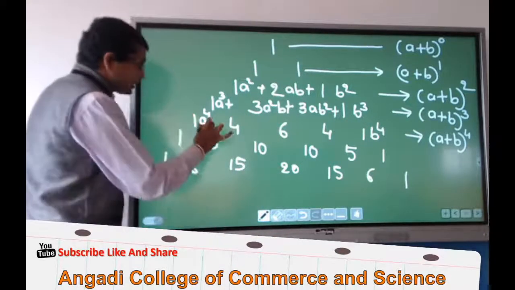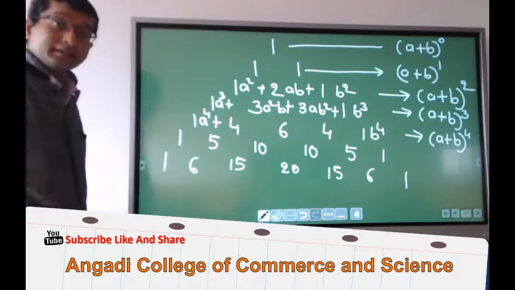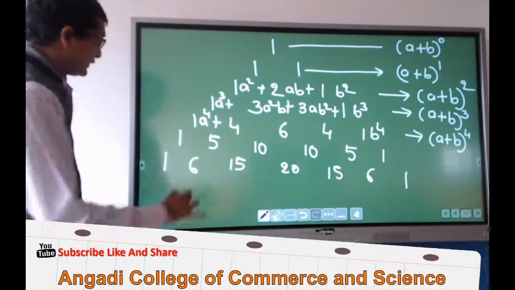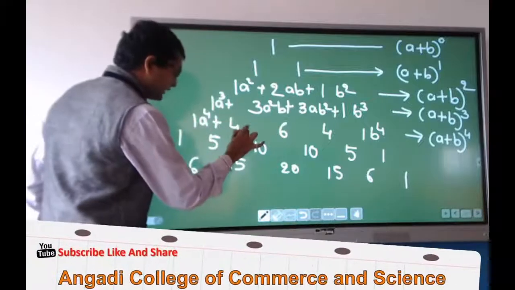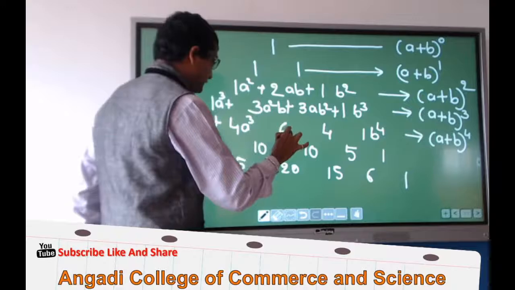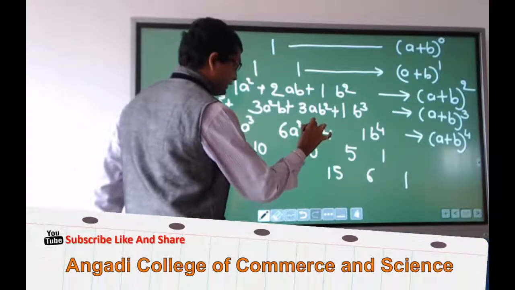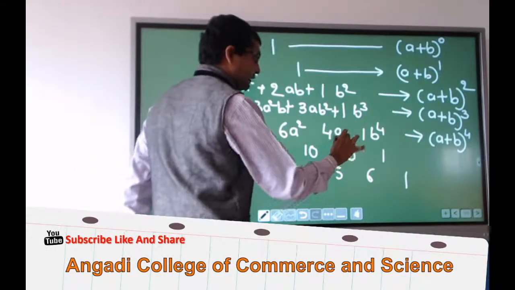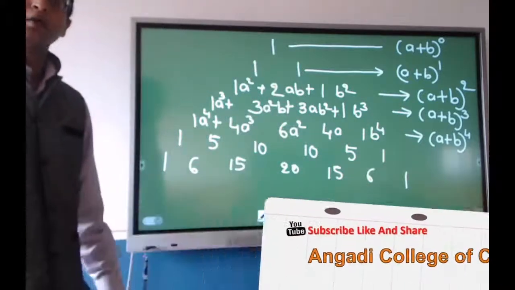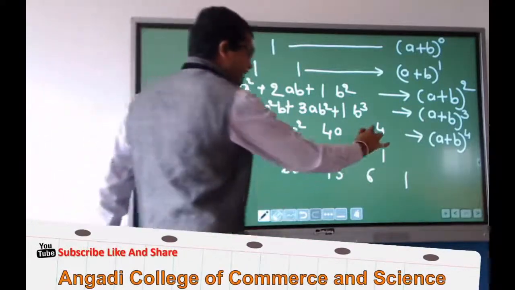So in the subsequent terms, go on decreasing the power of a. A raised to 4, decrease a, we get a cube. Next we get a square. Next we get a, then a raised to 0, that we get as a 1. No need to write it.